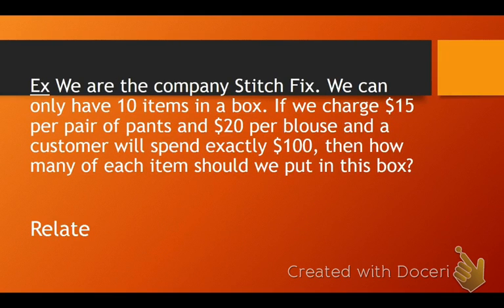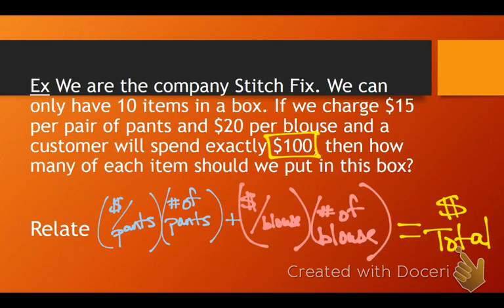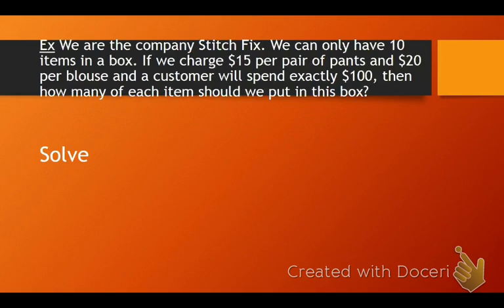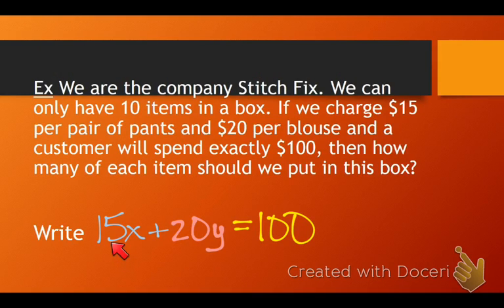And then when we write the relation, so where we're different. So if we up the charge, let's say we're using silk or a different company to produce the pants or a different company to produce the blouses, so their charges go up. Can we still help this customer?